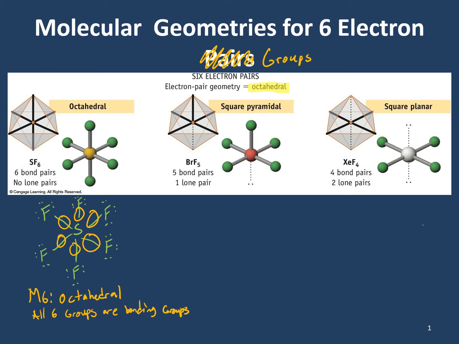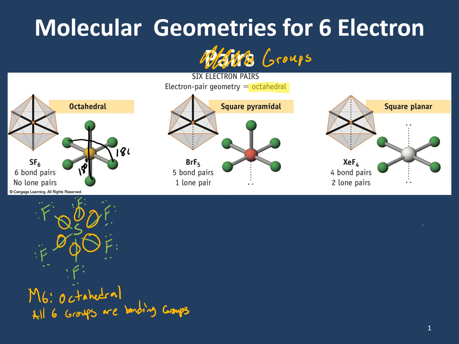Right, so for the bond angles here, there are 2 of them. There's a 90-degree bond angle between a lot of these, actually. So all of these are 90-degree bond angles, many of them all around this thing. There is another couple of 180-degree angles, from here to there, or from here to here.